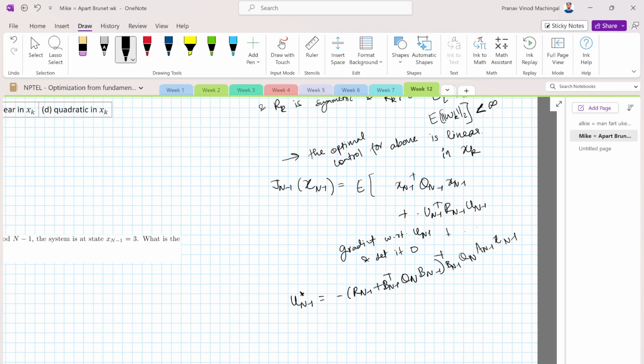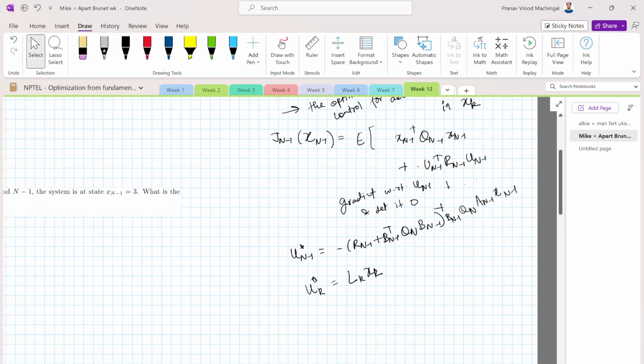So if you keep doing this, then for some k, you will get something of this form, where you have this lk defined as minus vk transpose, this capital K.